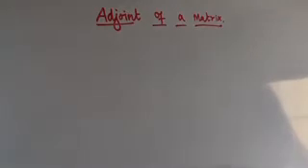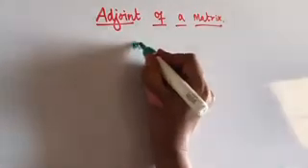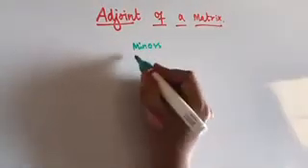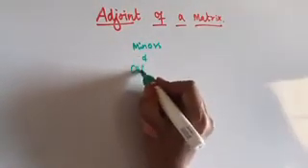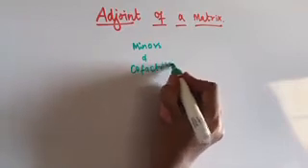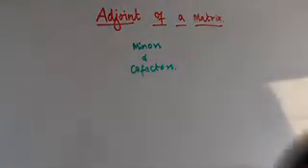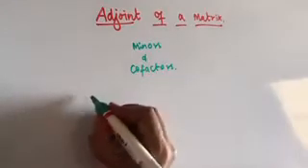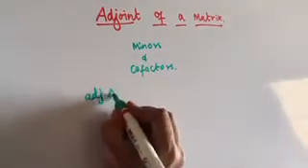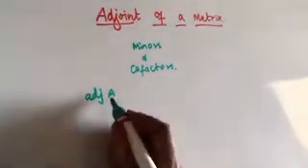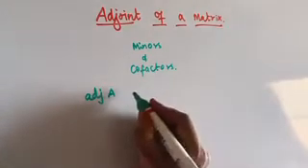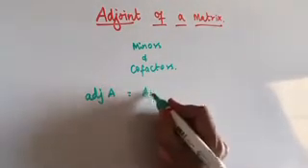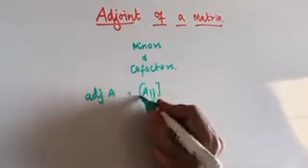In the previous class, we learnt about minors and cofactors of a matrix. The adjoint of a matrix, we denote it as adj A. Adjoint of a matrix A is equal to Aij transpose.